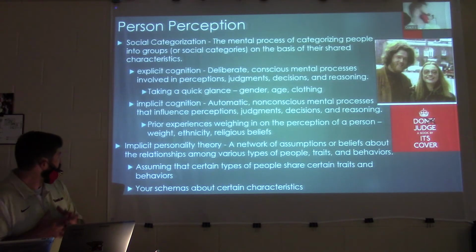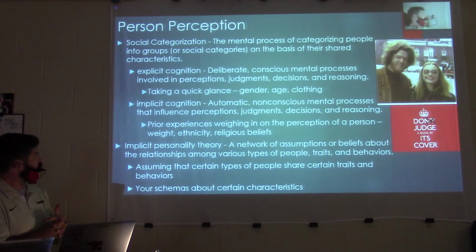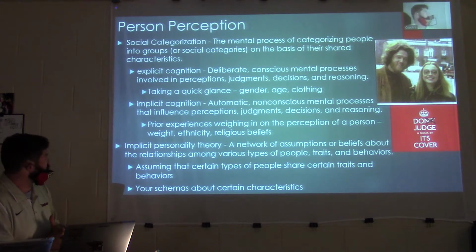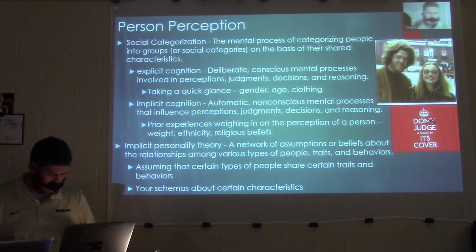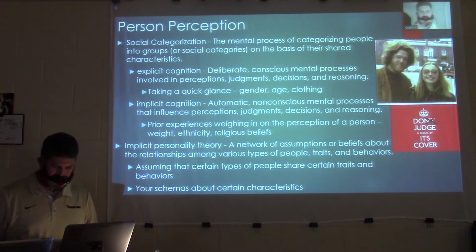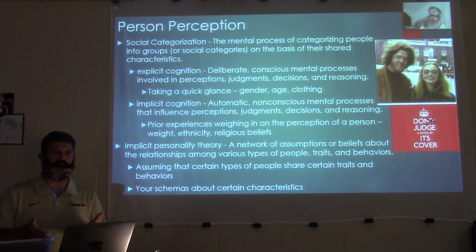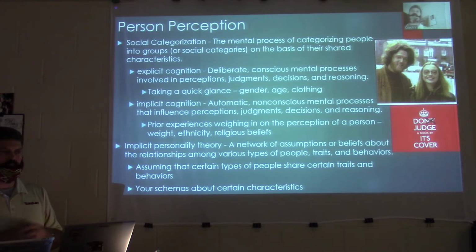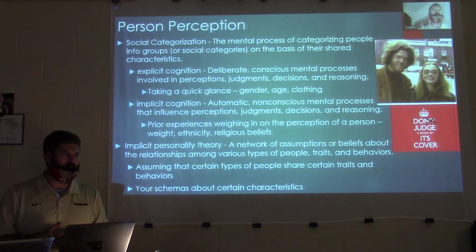All right, social categorization. So the mental process of categorizing people into groups or social categories on the basis of shared characteristics. So this is interesting. We'll get into prejudice and discrimination and all that kind of stuff. But you see these 2 hippies, right? These 2 hippies on the screen right now. Those aren't hippies. That's Bill Clinton and Hillary Clinton.